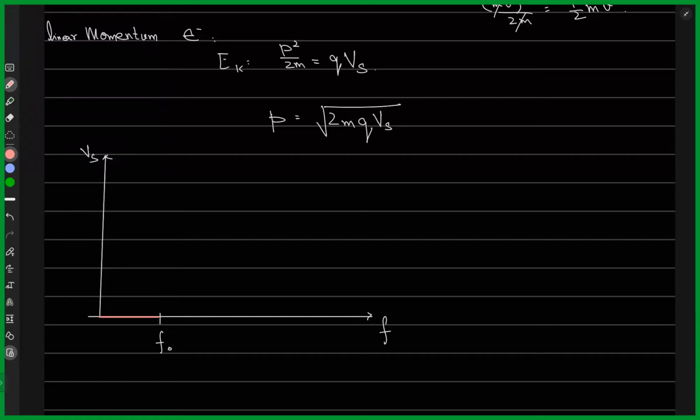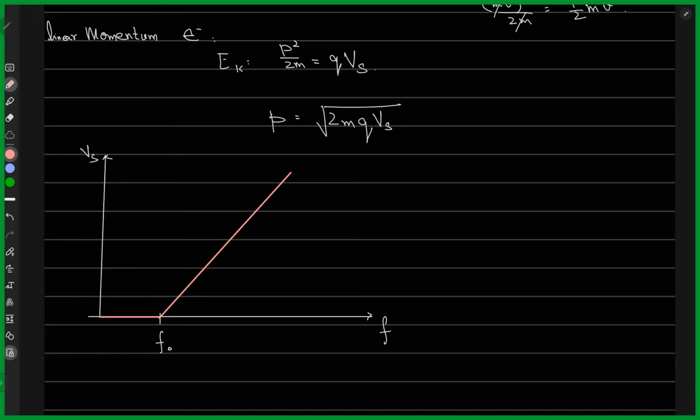And as you reach f naught, the threshold frequency, for every step you increase in frequency, you increase a step in the stopping voltage. This is because the electron will now have more kinetic energy. As you increase the frequency, the electron gains more and more kinetic energy. So you need to do more work in order to stop the electrons. So the stopping potential also has to increase if the frequency is increasing.